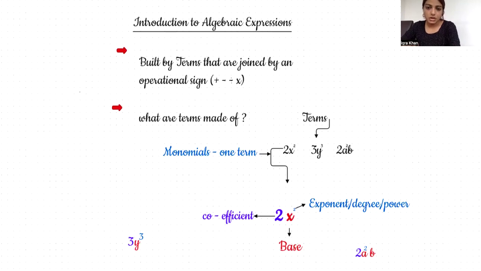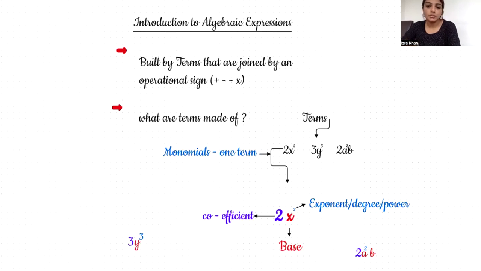Okay, so we're looking at what terms are made of. Terms are made of a coefficient, base. So you'll have a variable. Your alphabet is your variable, okay? So you'll have a coefficient, your base, and your exponent, degree, or power, whatever you want to name it. Okay?